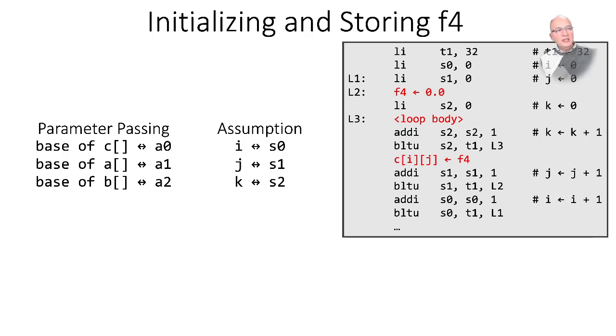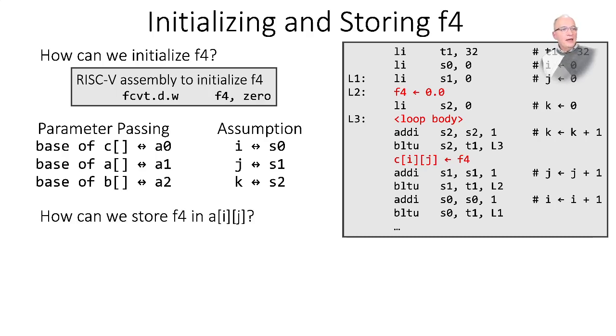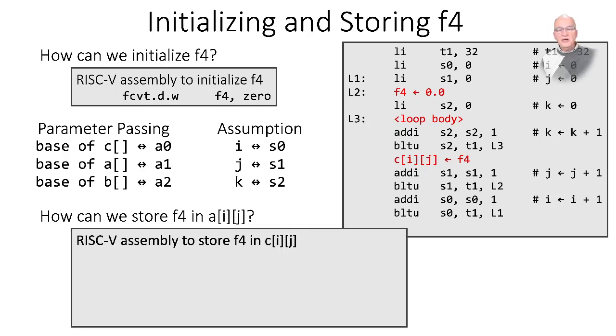Now, to initialize F4, all you need to do is to use an fconvert instruction. So this is converting from a word to a double, and in this case I'm converting the value of the register 0 to F4. That gives me 0 in double type. And to store in CIJ is very similar to the loads that I did before.